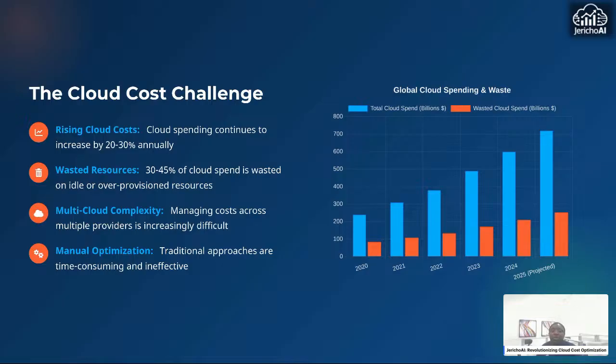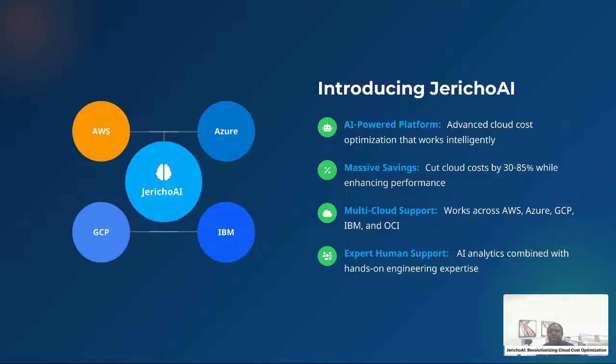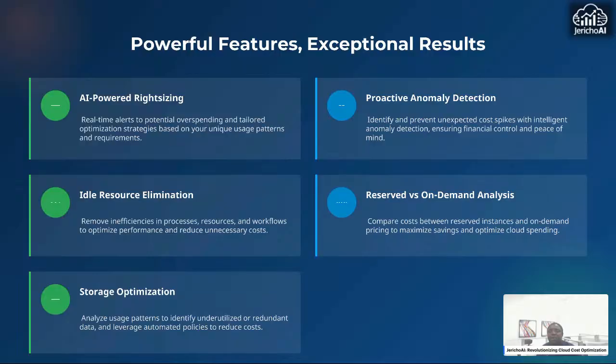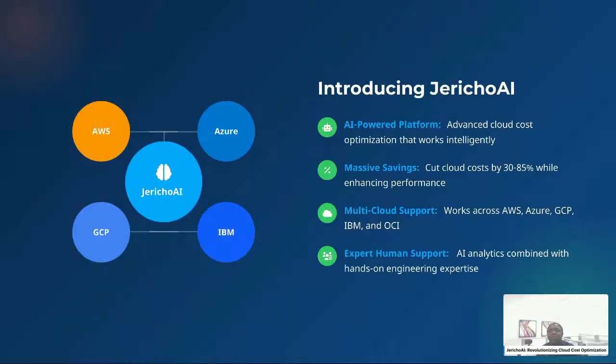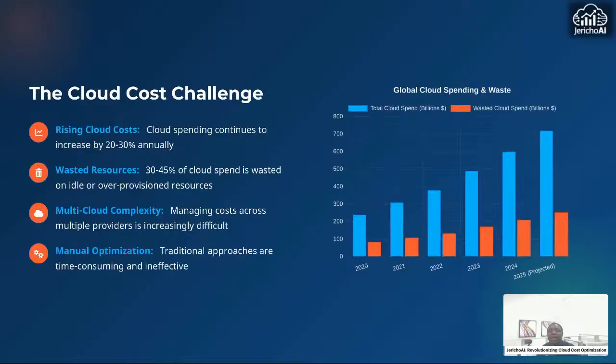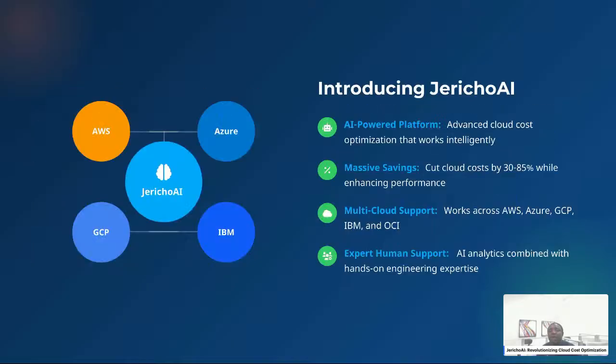And so you agree with me that the cost of cloud, globally speaking, keeps increasing year in, year out. It's in billions. In fact, it's in billions. As a result, it's become very, very important to come up with a tool that can really help you. And that's why we're introducing Jericho AI.